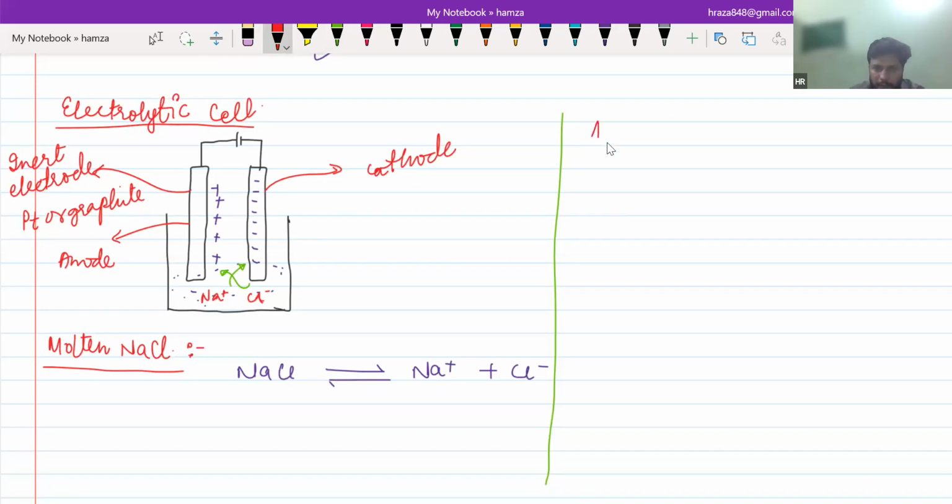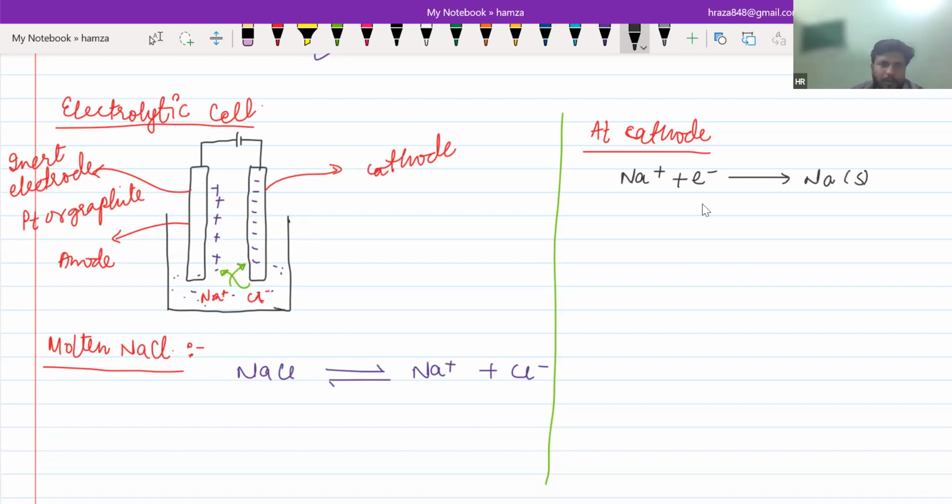Now we have, at cathode, Na+ will go and gain one electron from the cathode and it will be converted into sodium, Na solid.